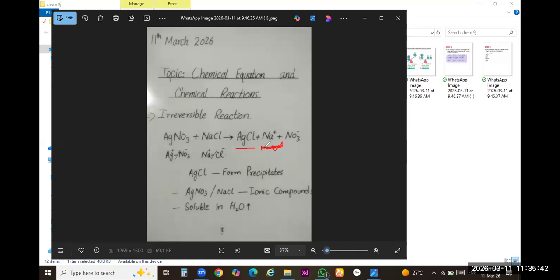Just like the cream on milk, a thick layer of cream comes on top, just like that, precipitates which will separate out on the top layer of the solution are known as precipitates. Clear?